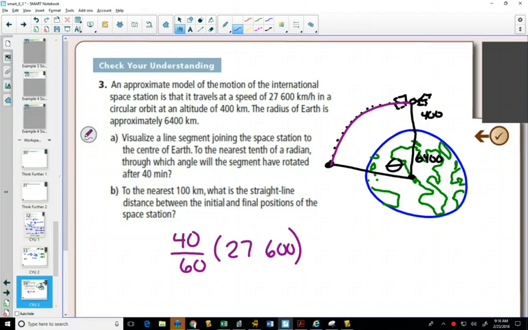If we multiply this out, someone check that on their calculator. I think that's right. 18,400 kilometers. So that's this distance right there.